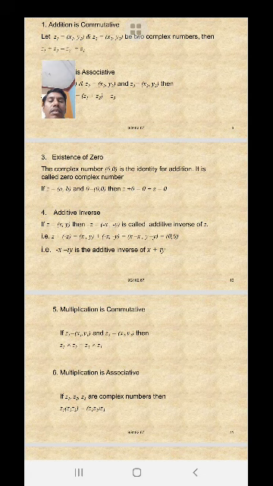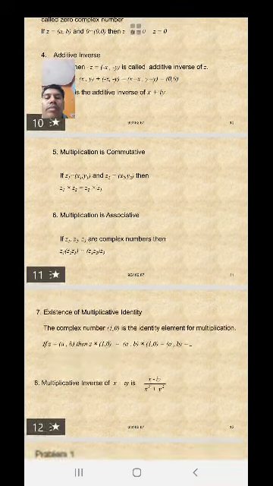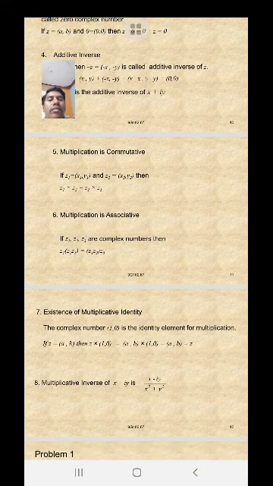Multiplication is commutative: Z1 into Z2 equals Z2 into Z1. And multiplication is associative.